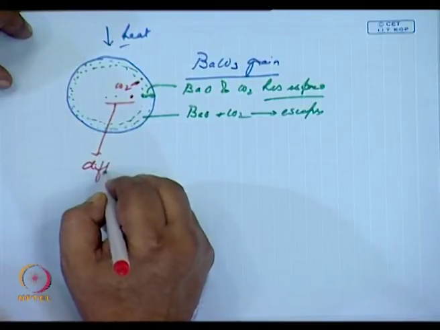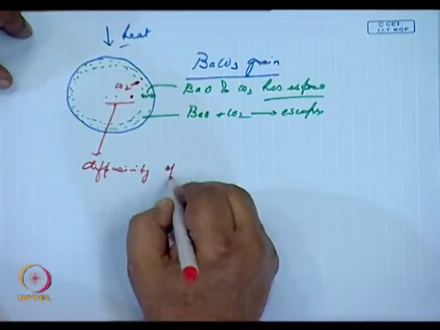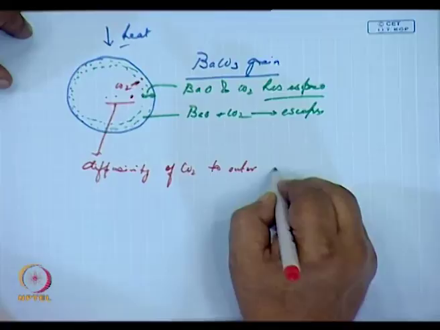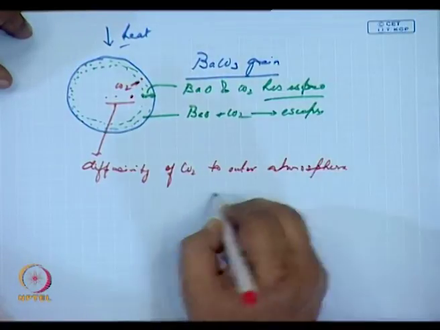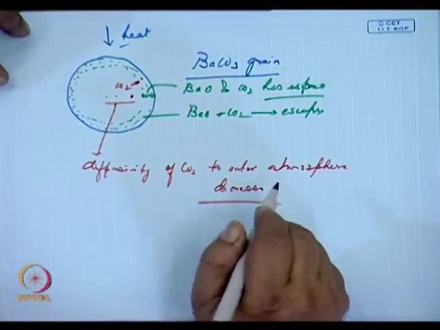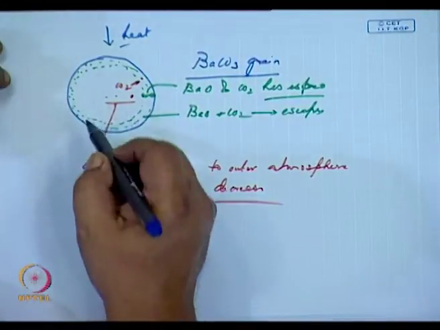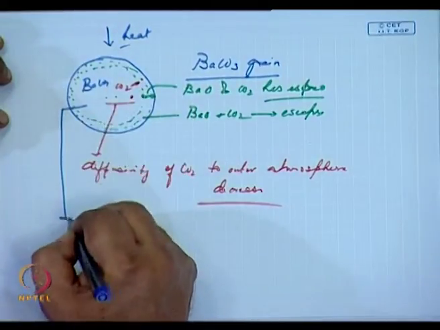The diffusivity of CO2 to the outer atmosphere decreases. So it is not that this particular grain, which was BaCO3, becomes BaO if I heat it.